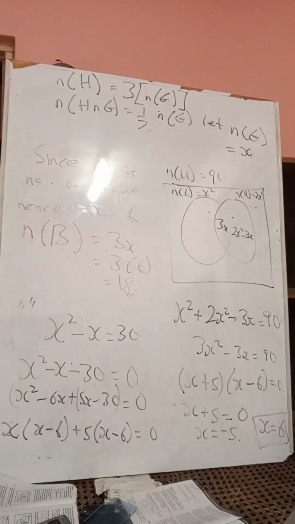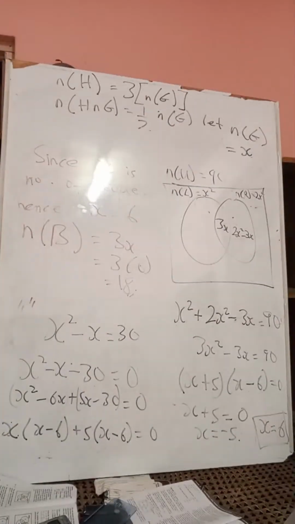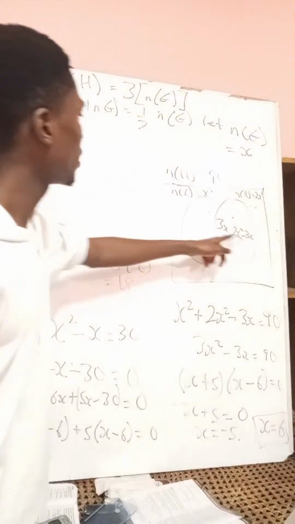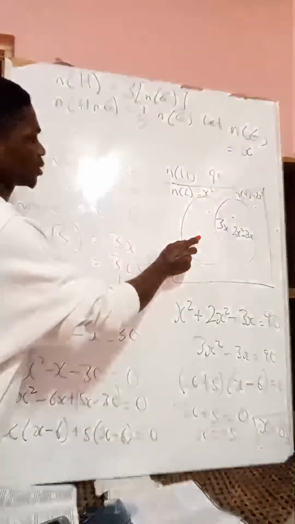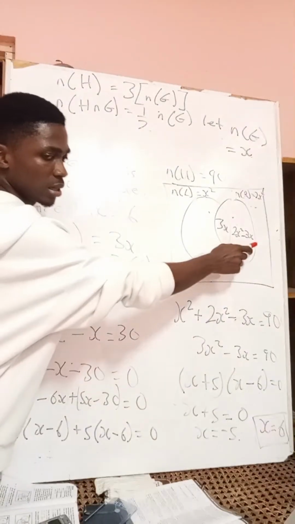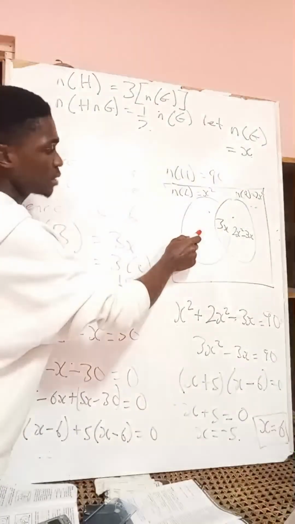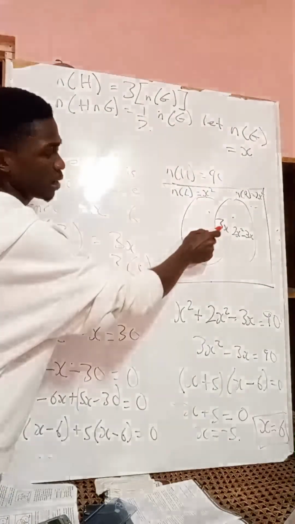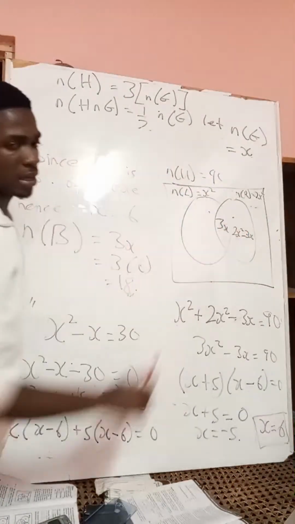And then the question also asks for those who played on one leg. So one leg will be this side and this side, which is the first region and then the third region. Which means it will be 3x squared minus 3x plus 2x squared minus 3x.